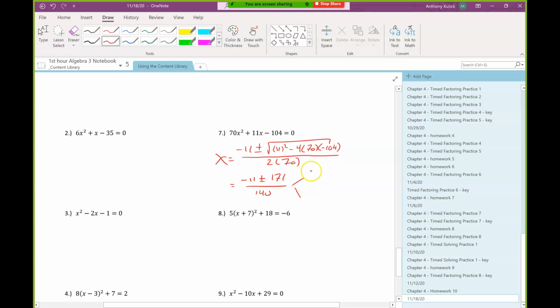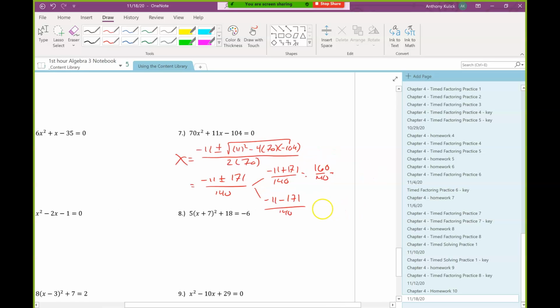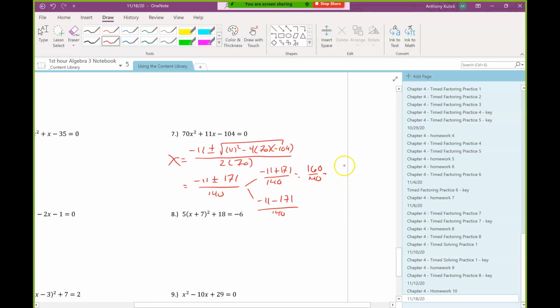Then I can break that up into two problems. One is an addition problem and the other is a subtraction problem, because of the plus or minus. So that becomes 160 over 140, which is the same as 16 over 14 or 8 over 7. And the other would be negative 182 over 140.